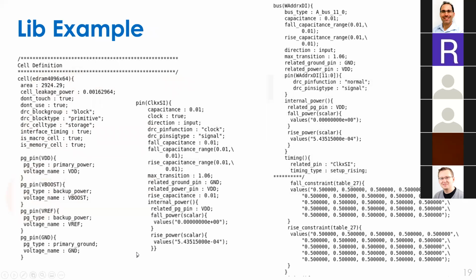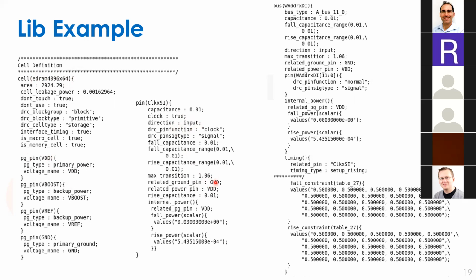What's important: you have the cell definition. You need to know the name of the cell that's written in Virtuoso in your design. At the beginning, we define all the power pins, so you have VDD, VBoost, and so on. Then you have all the regular signal pins, with the direction and the related power pins, the ground and power, which have to be exactly the same as the pins you defined here.